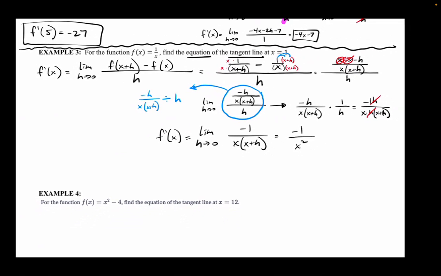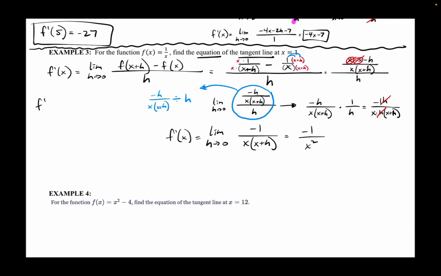That's the derivative. So let me write this over here. The derivative of the original function f is -1 over x squared. That's not what they were asking for, though. Remember, the derivative is a tool. It's a tool to help us get the slope. So now they want the equation of a tangent line at 1.